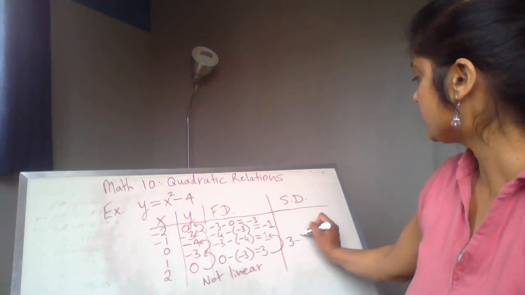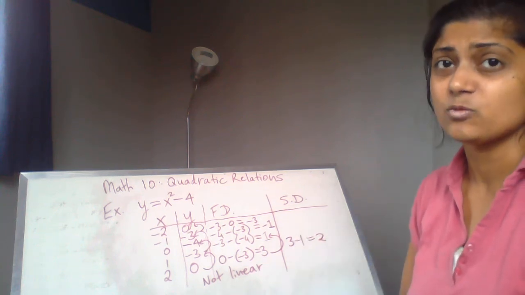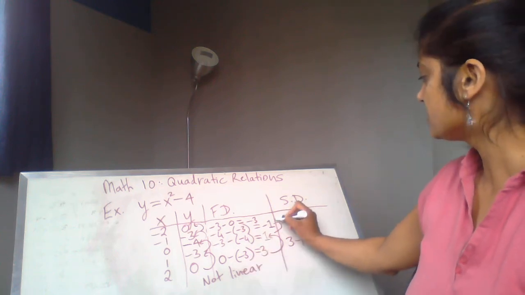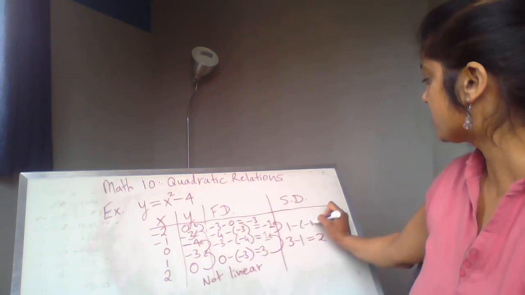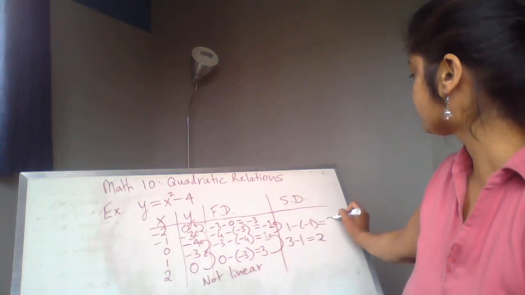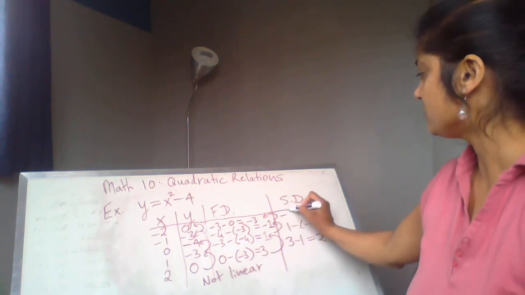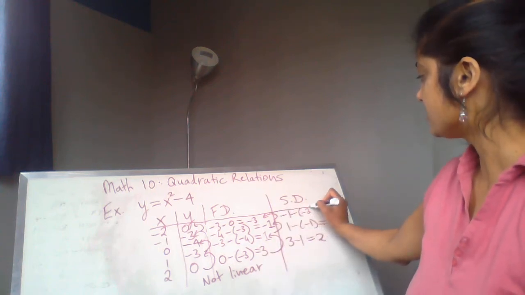So you're doing 3 minus 1, which is equal to 2. And I have to make sure I watch the signs here. For this one, it's 1 minus -1, which is actually 1 plus 1, so this is 2. And this last one, I'm going to do -1 minus -3.